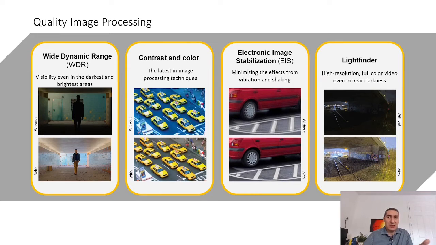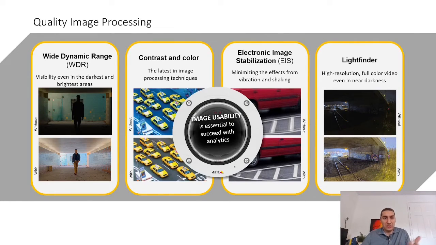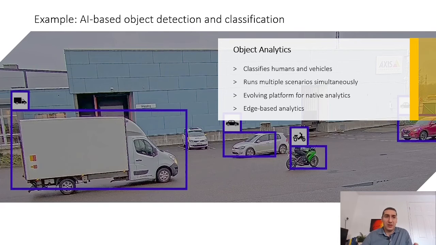If you have a scene that is dark, it will be more difficult to identify objects in that scene. That's why there are different technologies that help enhance the image with minimum light, which work well with surveillance cameras. So all this is very important. Image usability is an important factor to use analytics in security cameras.